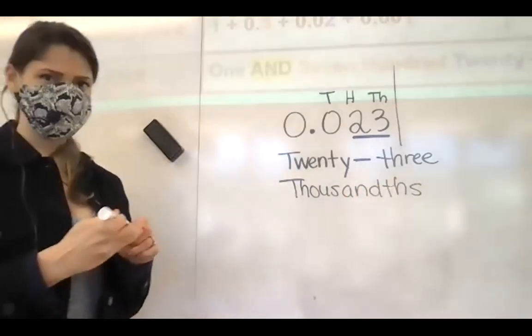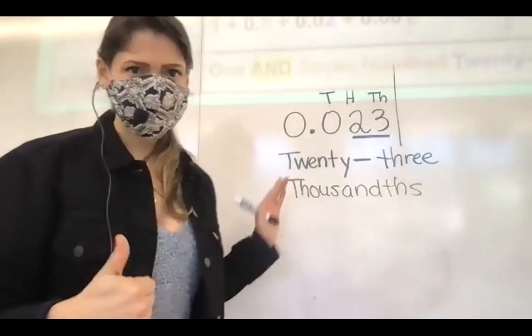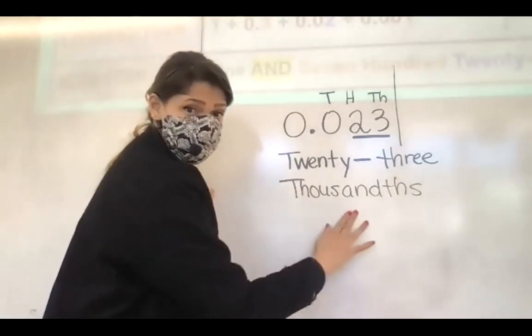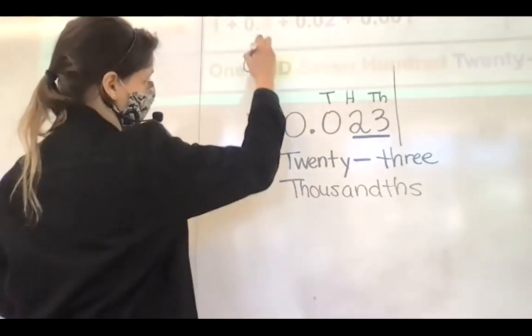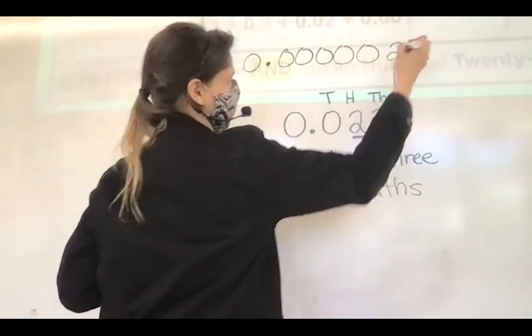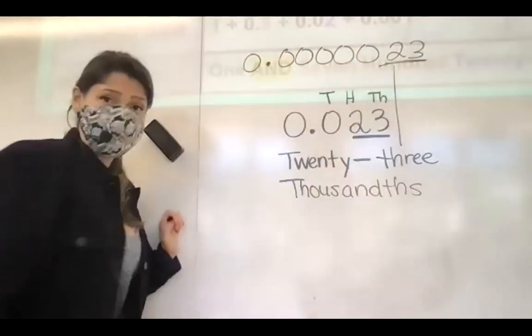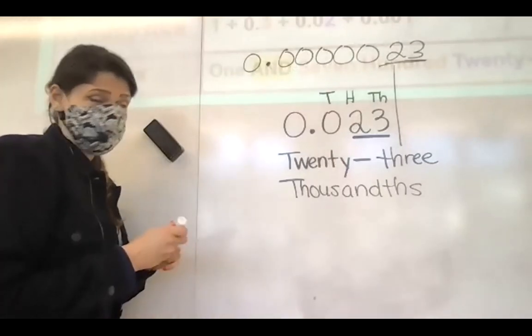Perfect. Thank you. Great job, Luigi. Do you guys see that at home? Yeah. To write this, or else I'm going to have an answer like that. Still 23, but it did not end in the thousandths place. No, it did not.